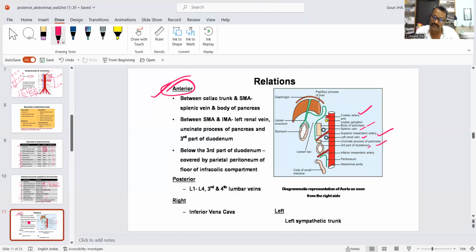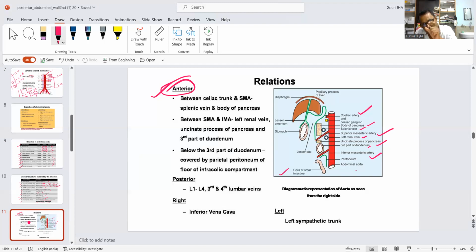Below the third part of the duodenum, we will see the anterior relation, the inferior mesenteric artery, and the coils of the intestine. What makes it interesting is that with these coils of the intestine we have a fold of peritoneum over here.